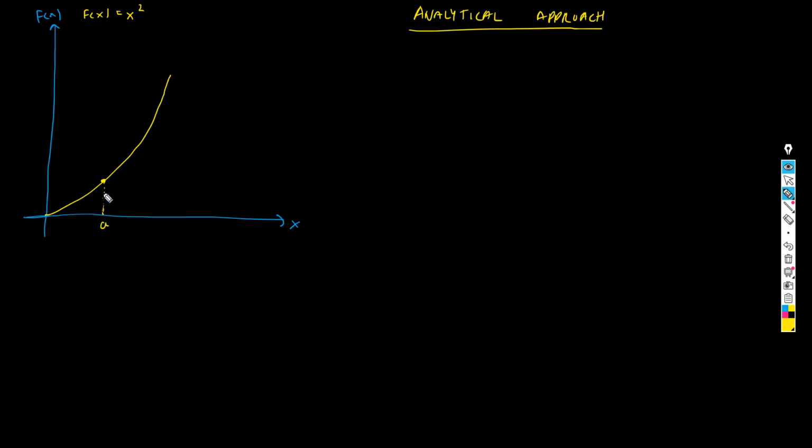This marking here is A, so the x coordinate of this point is A, and the y coordinate of that point clearly will be f of A, right? Because remember that these are the values of the function. So we have this point, and I want to calculate the slope of the tangent that goes through this point, A comma f of A.